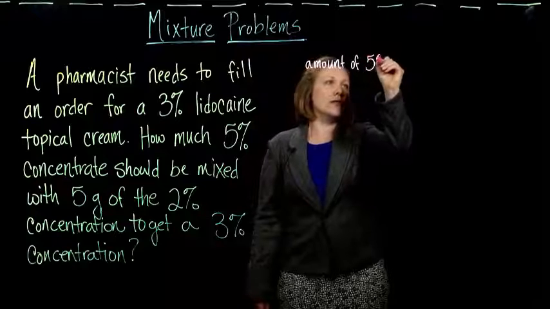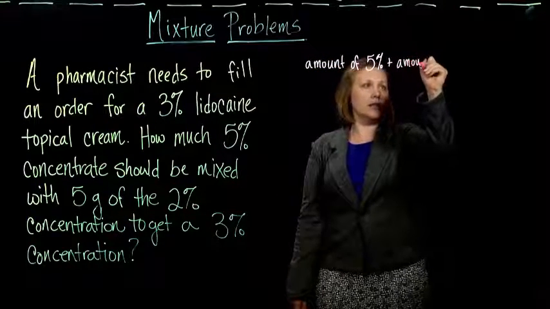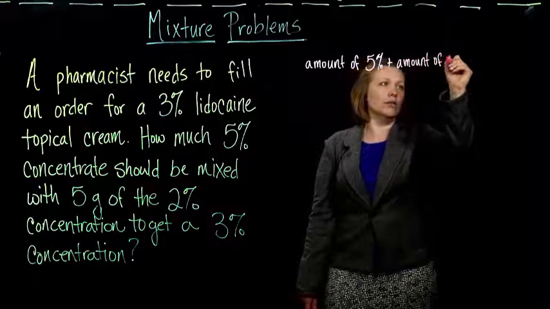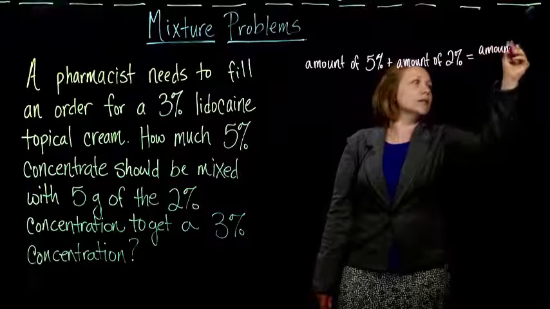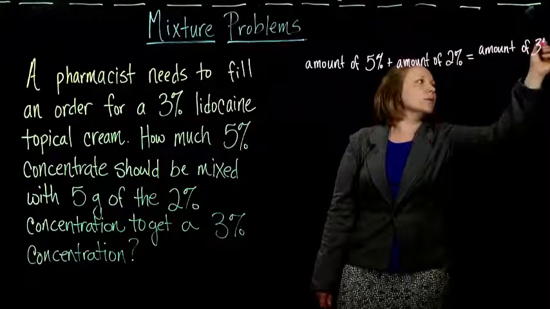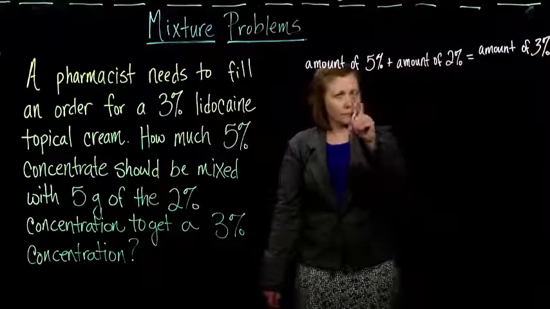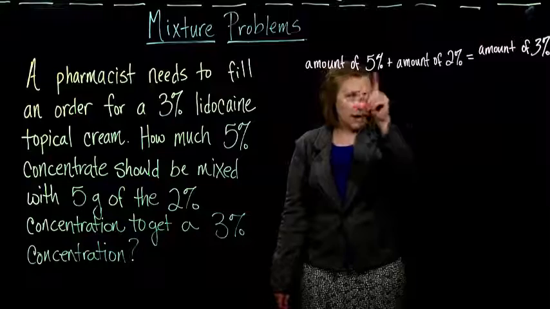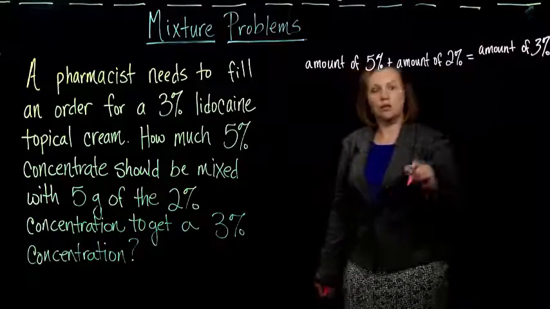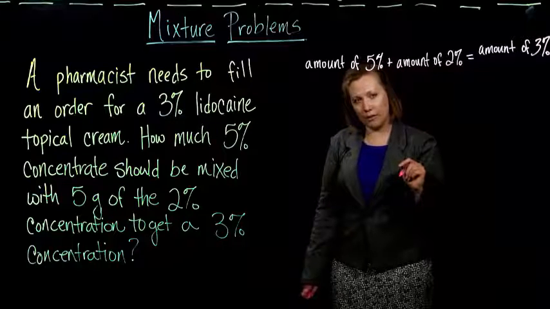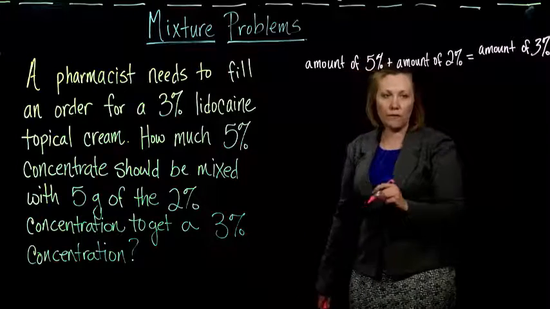If we take the amount of the 5%, and the amount of the 2%, we should get the amount of the 3%. If I add up the amounts of the two different concentrations, I should get the amount of the 3% I have.